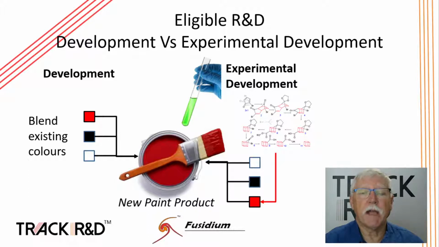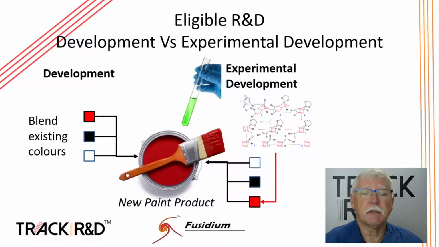Are there any interactions between the various chemical elements within the paint that are not compatible? And ultimately, can they create a product that meets the requirements of the market?